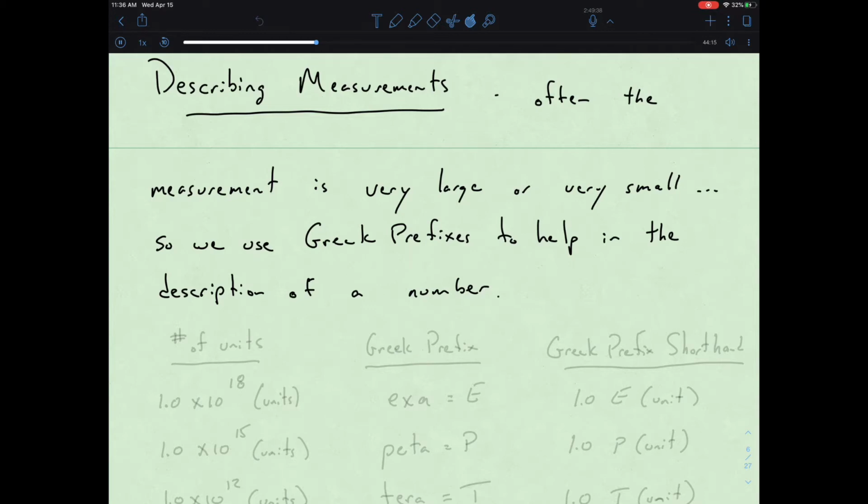So if we look at maybe a table here, we could have the number of units. We could then have the Greek prefix.